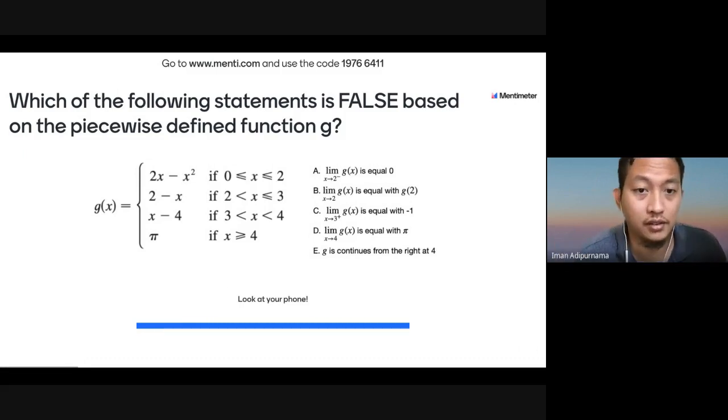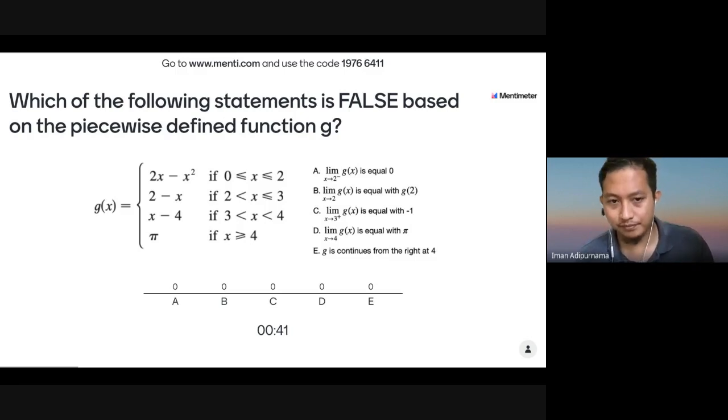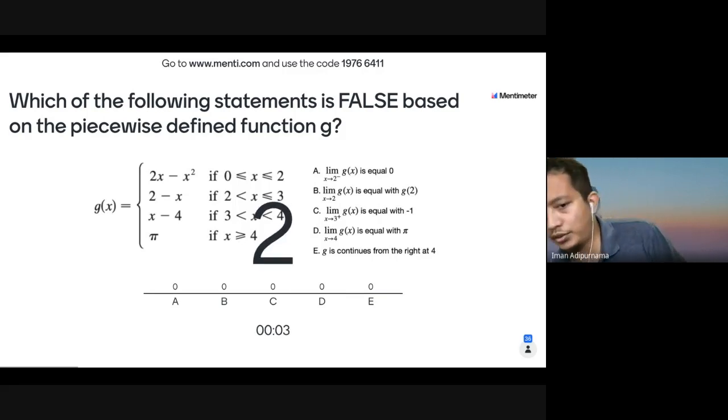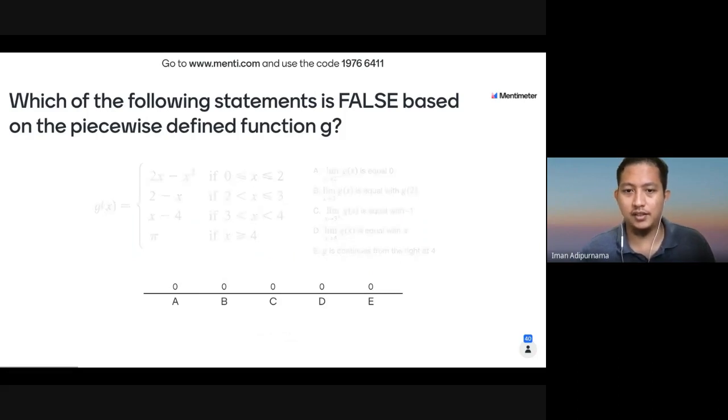You need to find the false one, the wrong one. Okay, 20 seconds. 5, 4, 3, 2, 1.